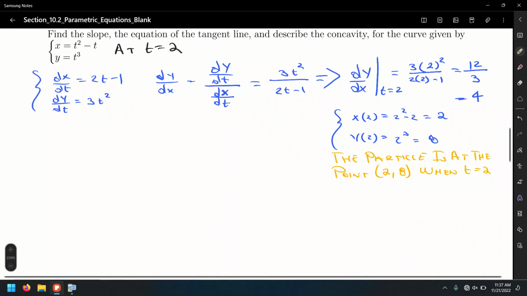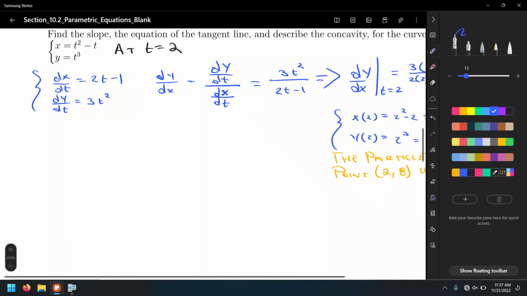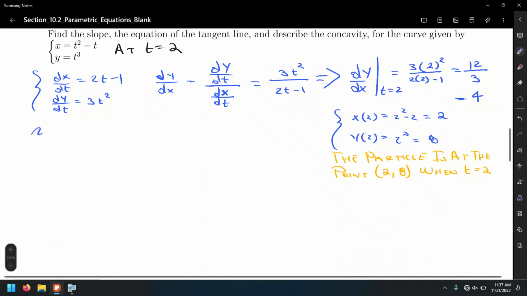So, we have the point, we have the slope, we can use the point-slope form, that is, y minus y1 equals m times x minus x1, where y1 is the y value of the given point and x1 is the x value of the given point. m is the slope that we just found via differentiation. So y minus 8 equals 4 times x minus 2.